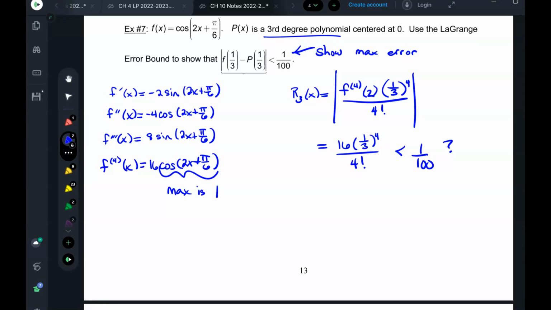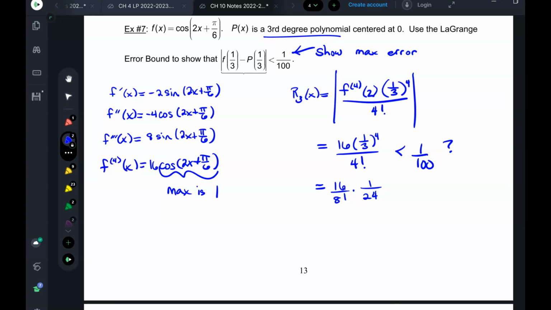Well, let's see, 16 times, what's 1/3 to the 4th? 1/3 times 1/3, right? Or 1 to the 4th over 3 to the 4th? So 16 over 81, and 4 factorial is 4 times 3 times 2.